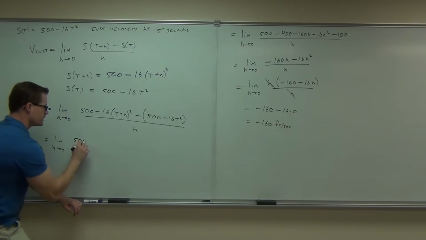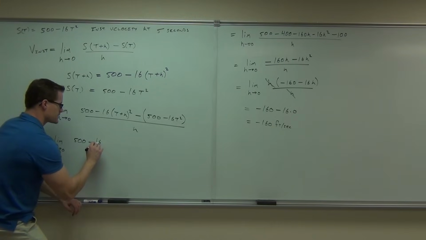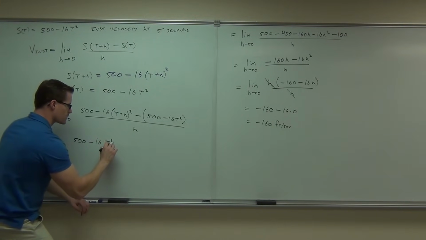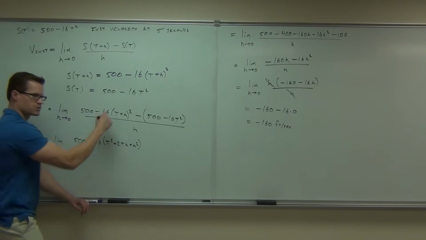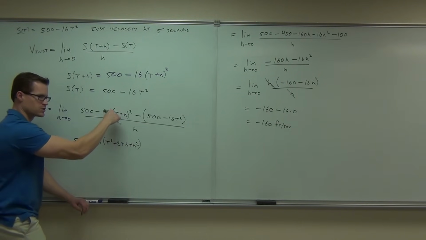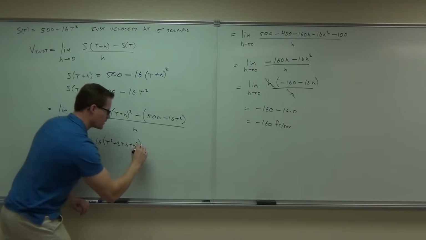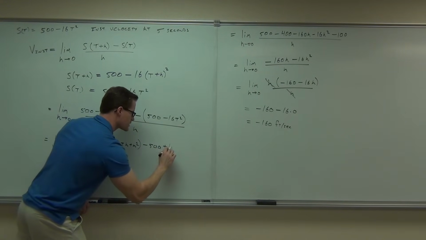Here we'll have 500 minus 16, and then in here we'll get t squared plus 2th plus h squared. Just foiling: t squared, 2th, h squared. Minus 500 plus 16t squared.